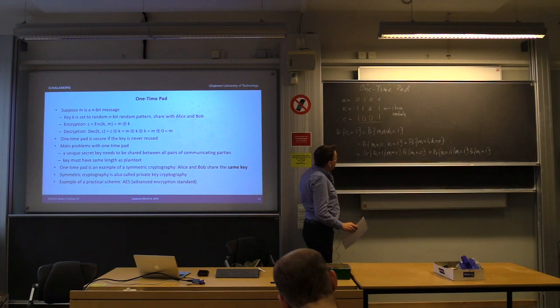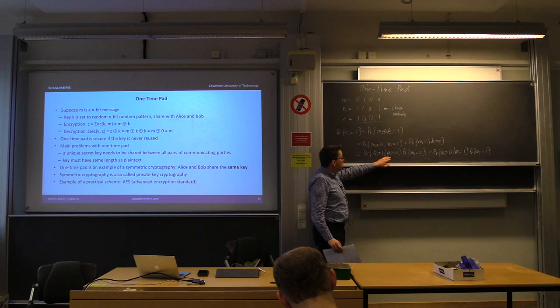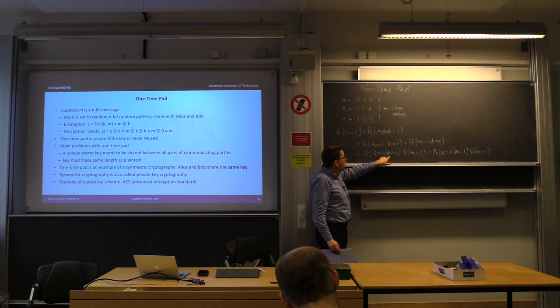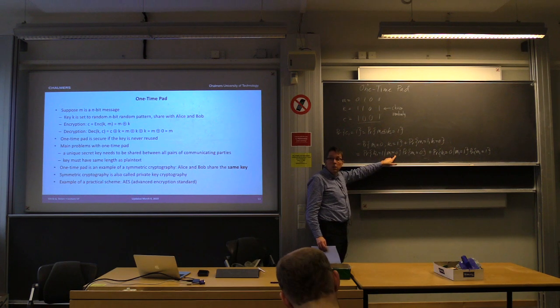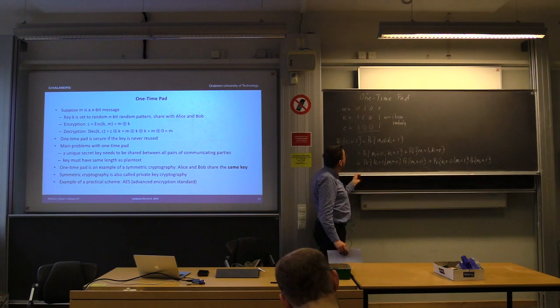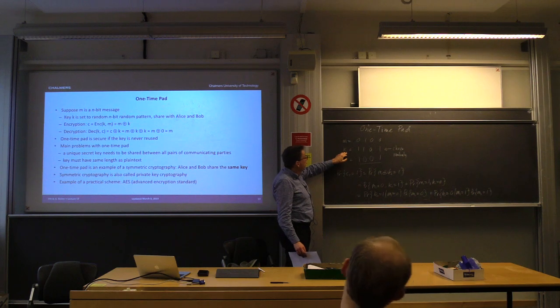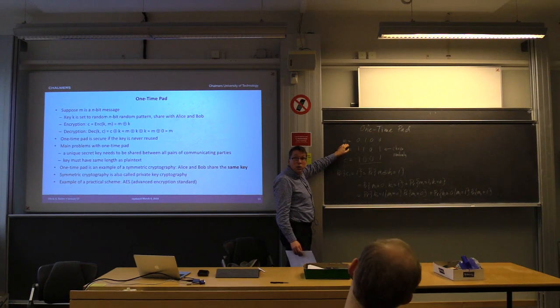Okay, now if we look at this conditional probability, what is the probability that K1 is equal to 1 when M1 happens to be 0? Okay, now we choose the key randomly without any relationship to the message that we want to encode.